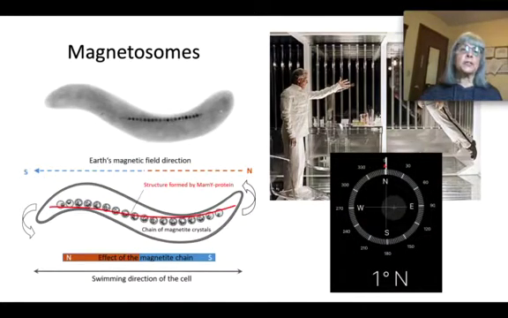Okay, now these are a special kind of inclusion bodies, and they're pretty neat. They're magnetosomes. And these are found in some bacteria that have magnetic properties. So what happens is, basically, their food is iron sulfide. And you find that a lot of times at the bottom of standing water sources.